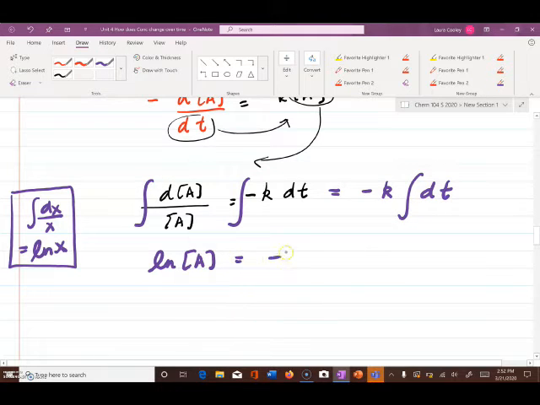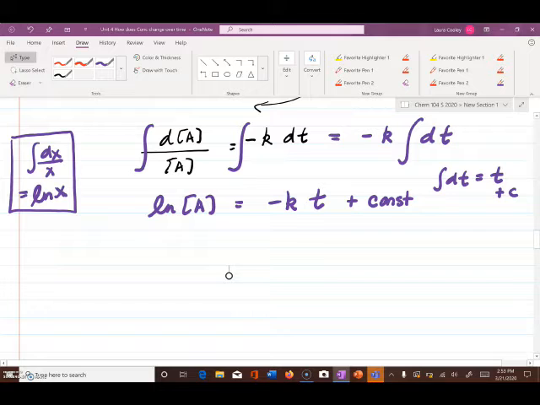So it's going to be minus k times the time, because the integral of dt is equal to t, but I have to add a constant because we only know the integration up to a constant. So I'm going to call the constant just constant. And so we almost have an equation here, except we have to know what this constant is. We don't know what that is yet.